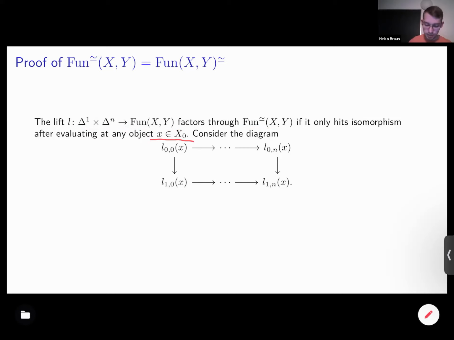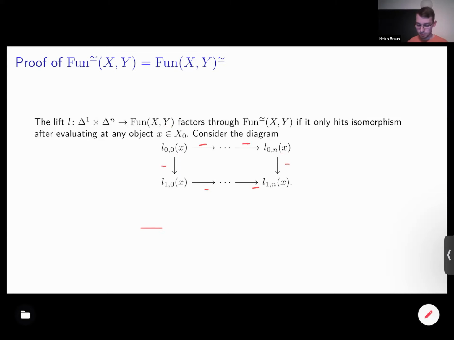So we consider this diagram here. This is a picture of delta 1 cross delta n, embedded into y, because we evaluated also at an x in the object of the simplicial set X. And then we need to see that all the things that appear here are all isomorphisms.